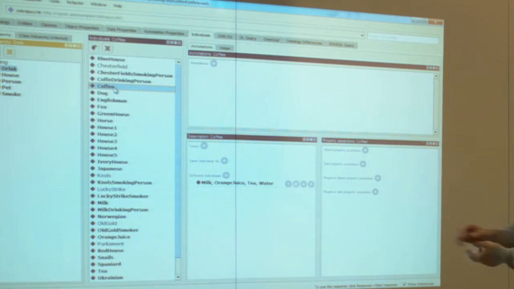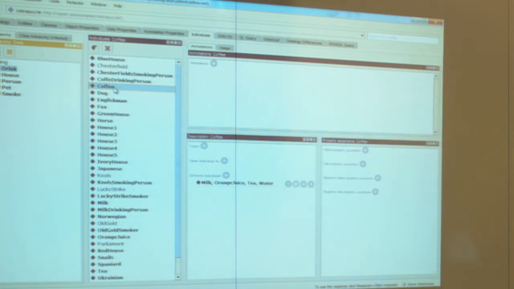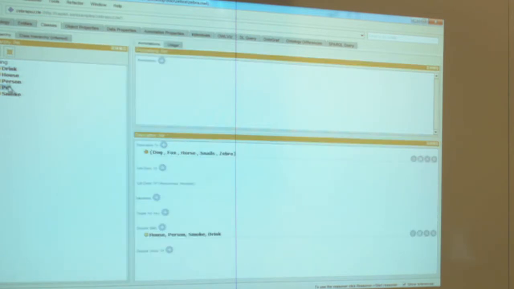So yes, you need to be this explicit. Then the same simple pattern is used for pet. We have a list of pets, and for smoke, that's the list of cigarette brands.